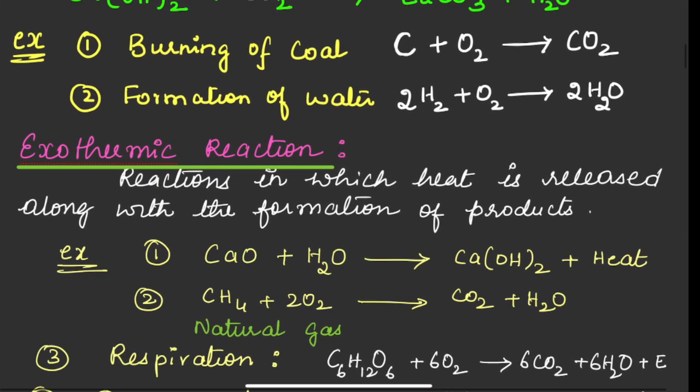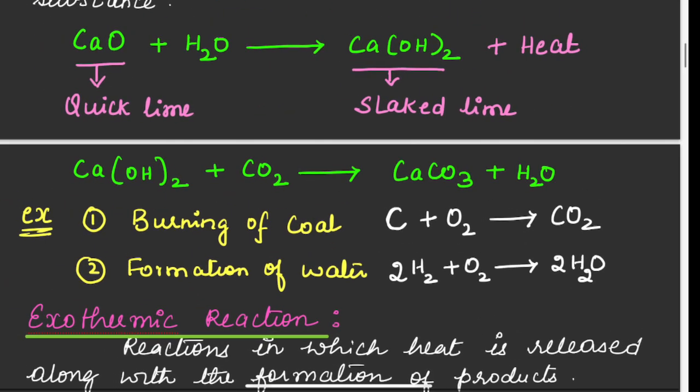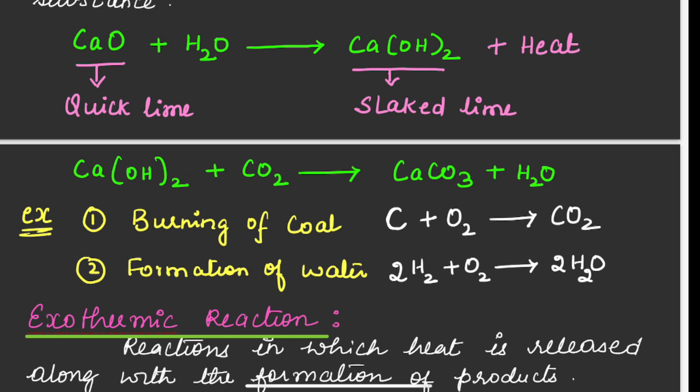Next is exothermic reaction. Combination reactions are usually exothermic in nature. What is the meaning of that? We have studied this first reaction. During this reaction, you can see heat is given out. If heat is given out in a reaction, it is called exothermic reaction.